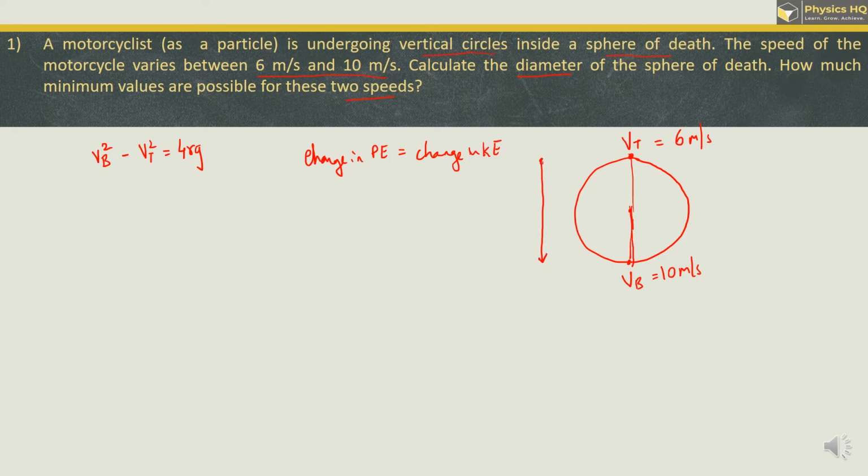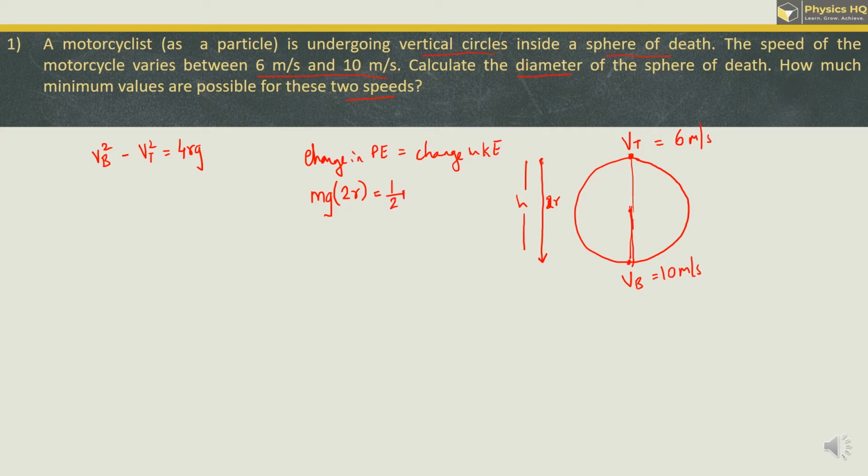it loses height, the potential energy decreases. So what is the height right now over here? This is equal to twice the radius. So the change in potential energy will be mg 2r. Next, change in kinetic energy. So final kinetic energy is at point B at bottom.